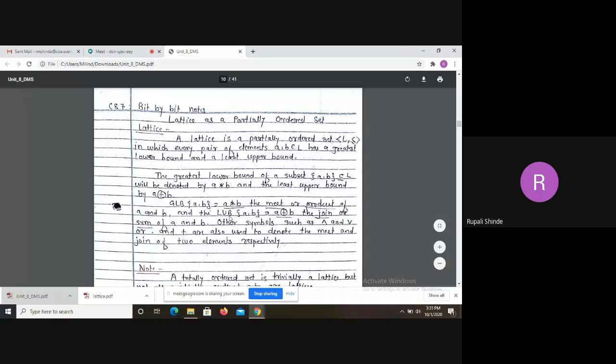And the least upper bound is represented by the symbol XOR, and this is represented as either join or sum.